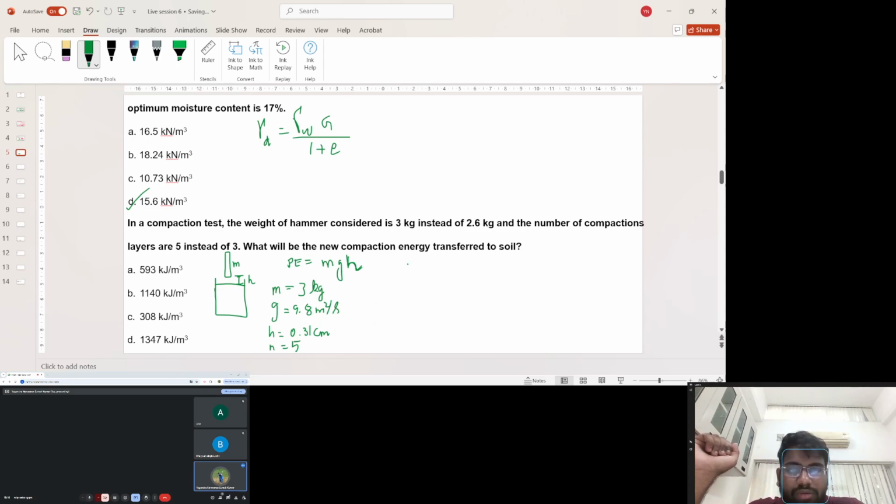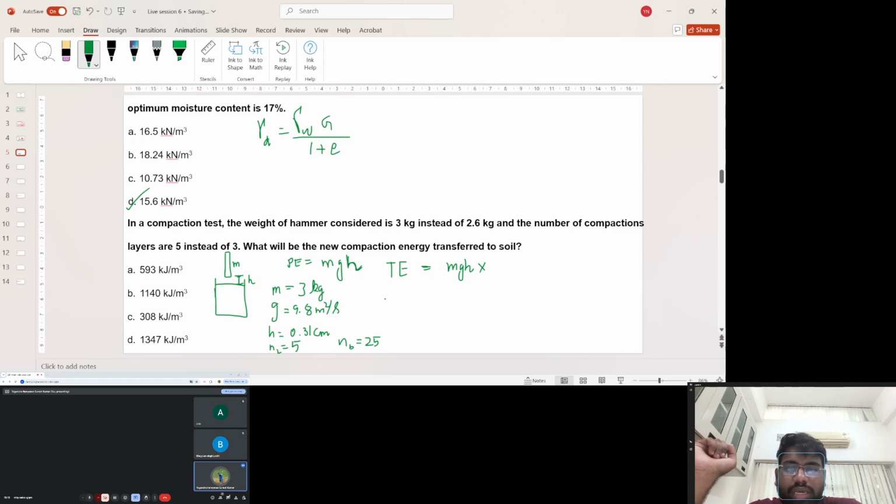Now the total energy imparted is m g h into nl into nb, where the number of blows nb is 25.